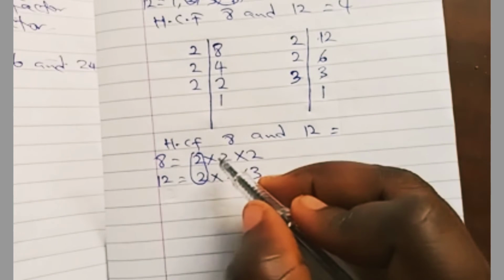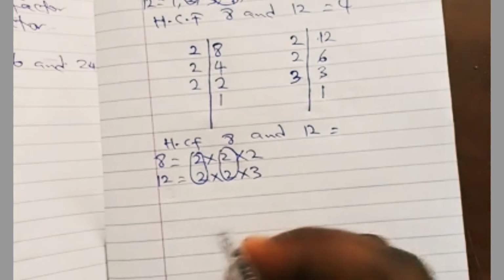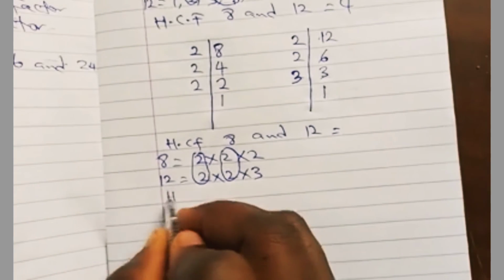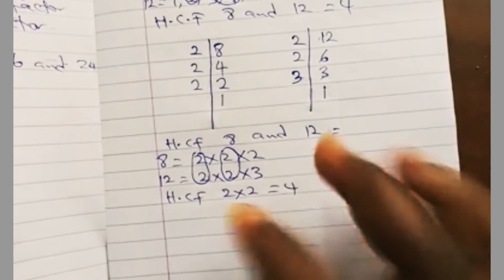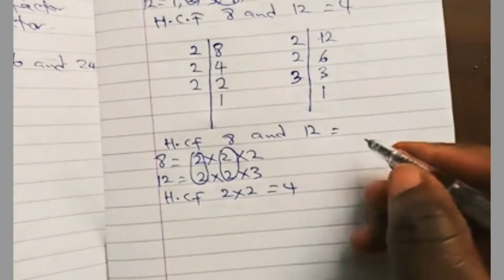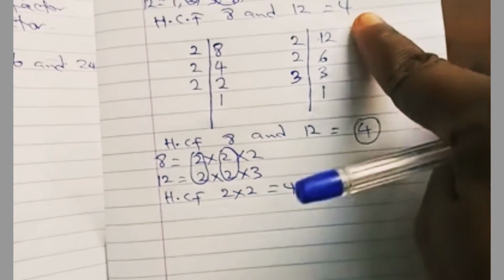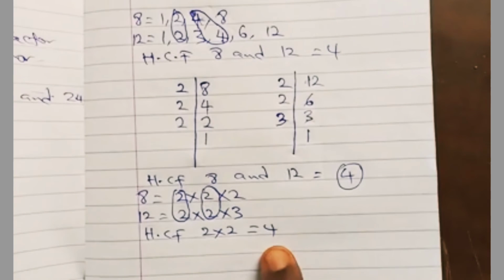We have 2 here, we also have another 2 here. So our H.C.F here is going to be 2 times 2, which is equal to 4. So our H.C.F here is going to be 4, which is the same thing as the one we got when we used the picking method. So the same answer.